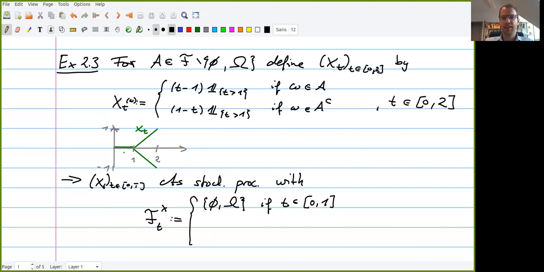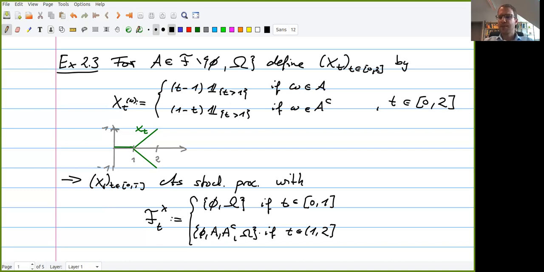The process is constantly equal to 0 up to time 1, so in order to make it measurable, I need the trivial filtration. And after time 1, in the half open interval from 1 to 2, what do I need? After time 1, I can decide whether I am in the set A or in its complement. So this needs to be added to our filtration: the sigma algebra generated by the stochastic process for times strictly bigger than 1 contains A and its complement.